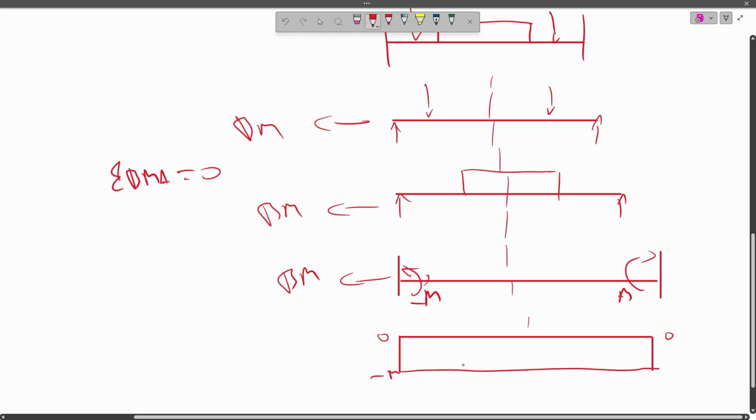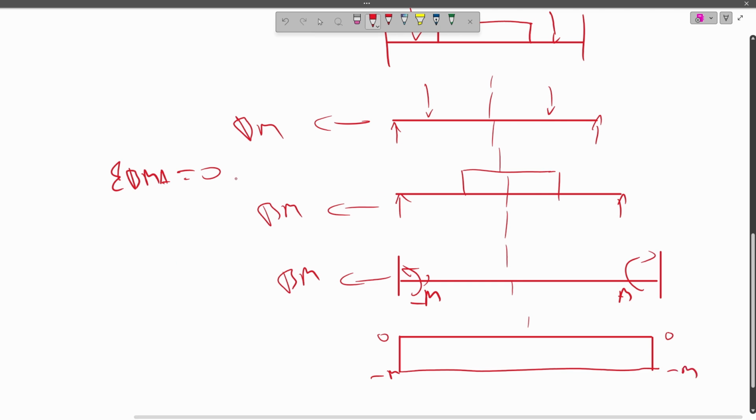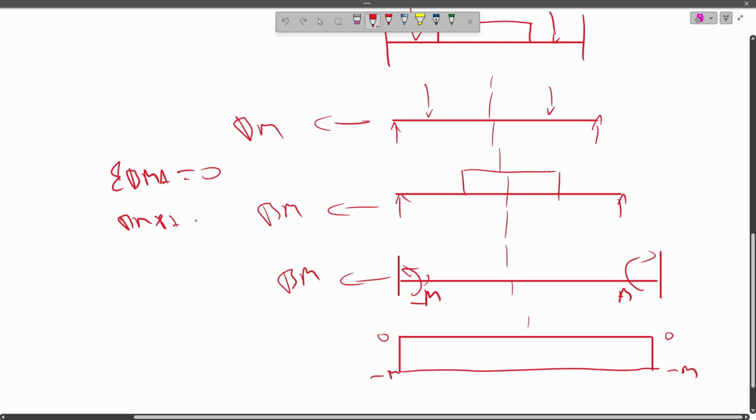There will be a negative M here and a negative M here. So we're going to have the bending moment for the point loads plus the bending moment for the UDLs minus the bending moment for the wall, which will give you 0.